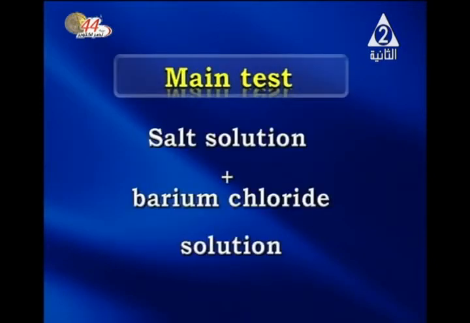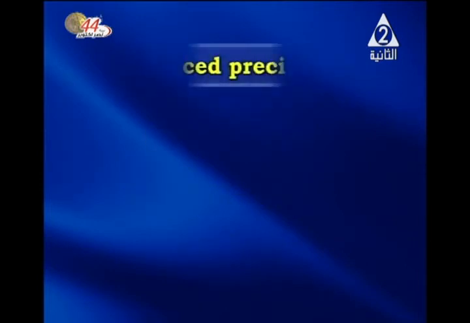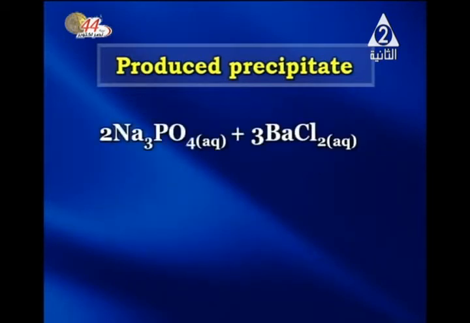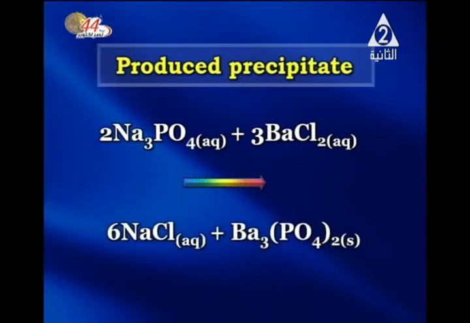The main test is the salt solution plus barium chloride solution. Here the produced precipitate is white precipitate of barium phosphate that's soluble in dilute hydrochloric acid. As the equation on the screen shows, sodium phosphate plus barium chloride gives sodium chloride and white precipitate of barium phosphate.